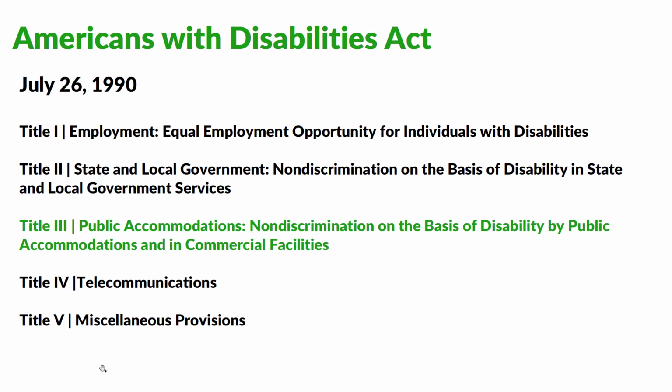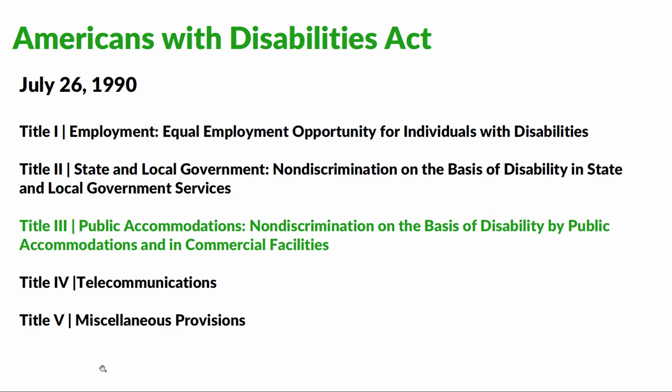So what is ADA? ADA is the Americans with Disabilities Act, which came to be on July 26, 1990. The ADA has 5 titles to it. Title 1, dealing with employment, so equal employment opportunity for individuals with disabilities.